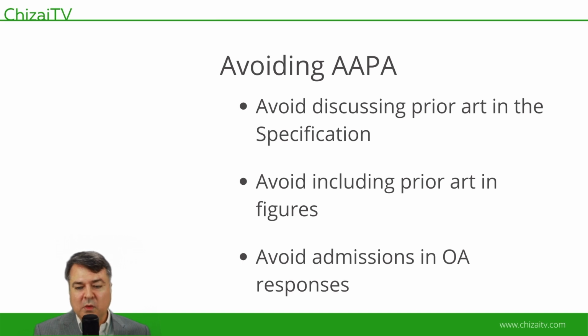But what I can tell you here, with 3 examples of how to avoid this, is first, avoid discussing prior art in the specification. And if you must discuss the prior art, be very sure and very careful that it is prior art, and be very careful when you describe it. Because any description, any features of that admitted prior art is going to be an admission against you. So that can be dangerous.